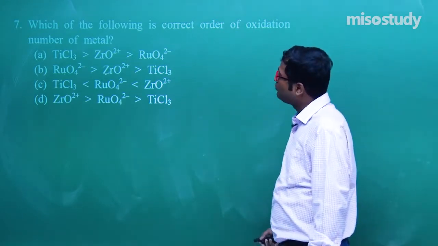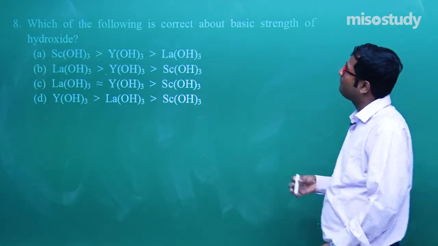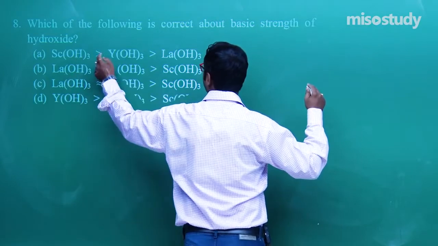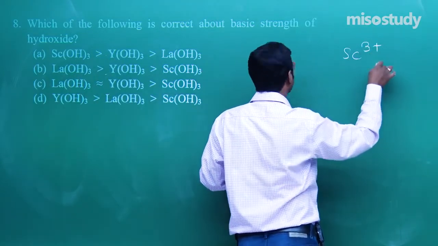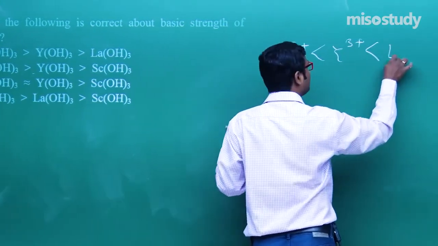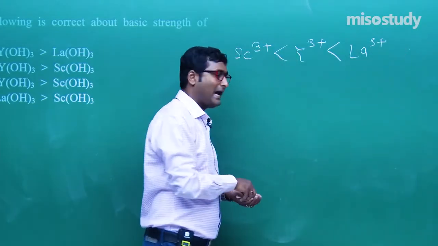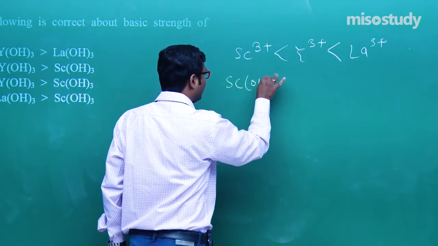Now let's move to question number 8. Which of the following is the correct order of basic strength? As we know, scandium, yttrium and lanthanum all have oxidation state +3. This is the order of size, and this is the order of ionic character.